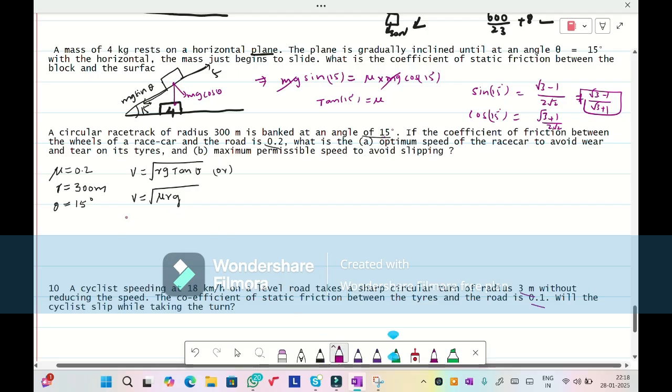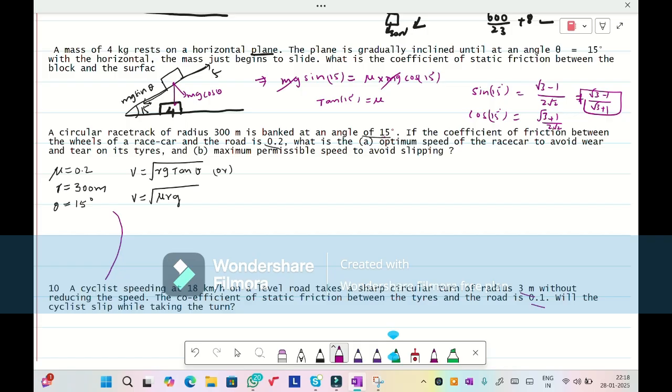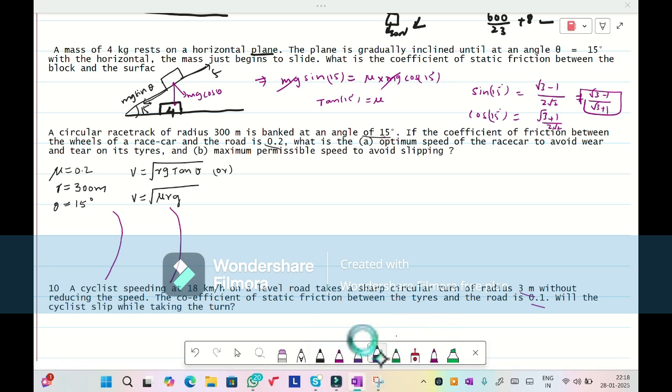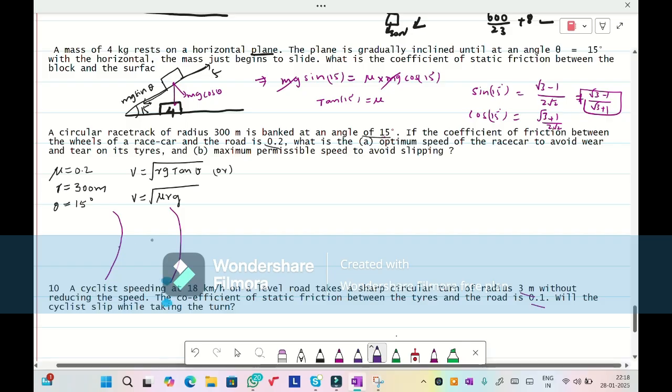Now consider a circular track. Banking is nothing but the inner surface and outer surface.